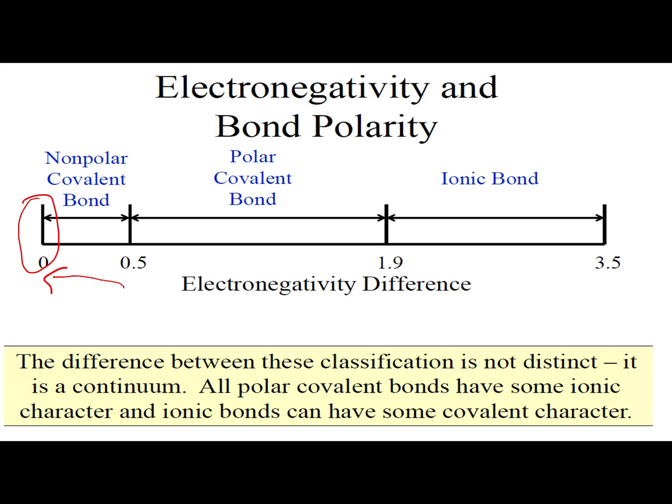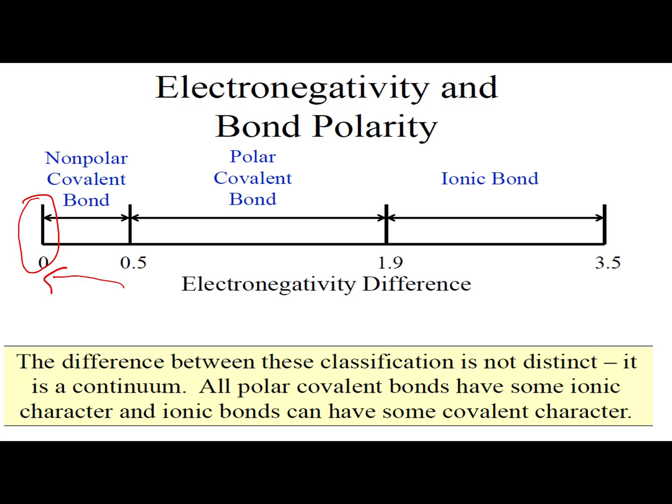Completely covalent means that the electrons spend an equal amount of time around each atom. That's only true if the two atoms have the same electronegativity. So be careful of that. Sometimes you'll be asked to compare the bonds or the polarity of an oxygen molecule and carbon dioxide, let's say.